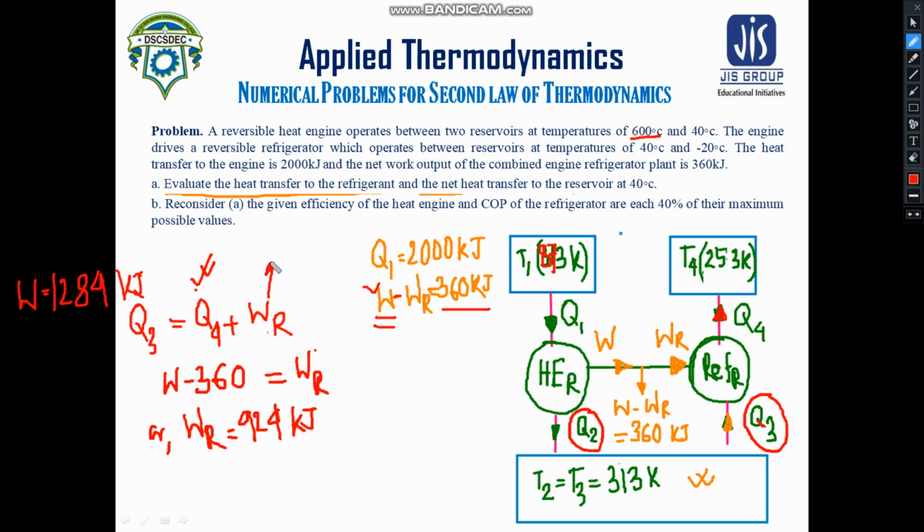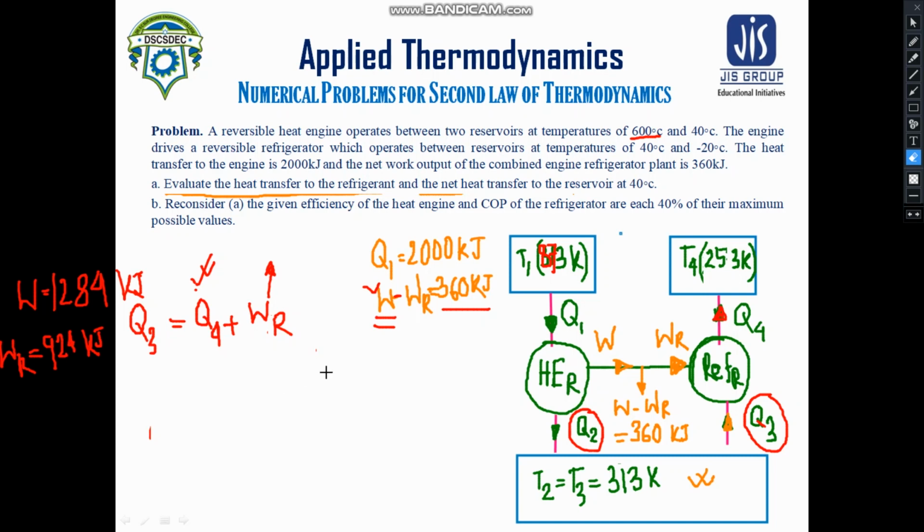We have found this WR, so let us write it here so that it can be well seen. So WR becomes 924 kilojoules. Now let us find out the value of Q4.